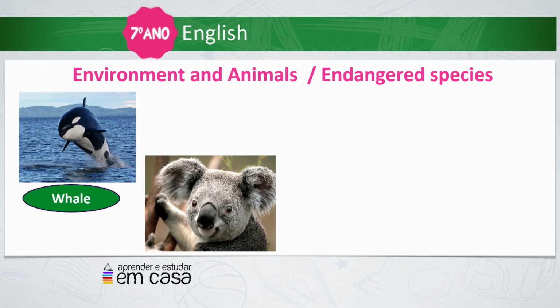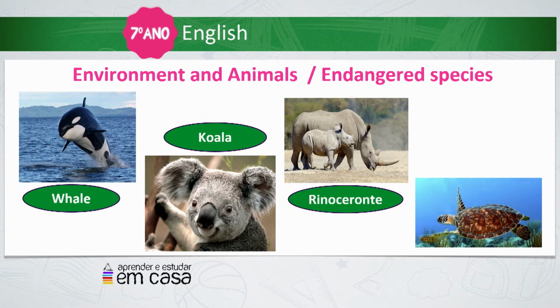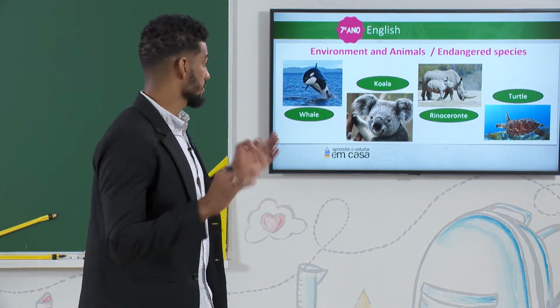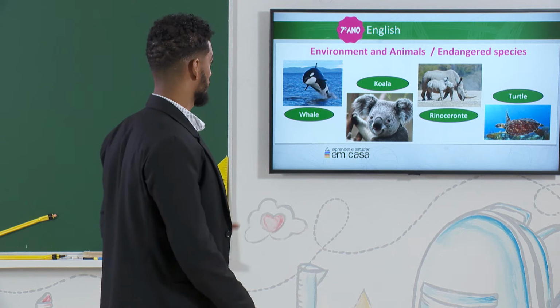Then we have koala, and then we have rhinoceros, and then we have the last one, turtle. So here they are, some endangered species that we have around the world.